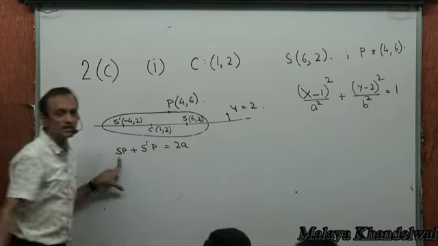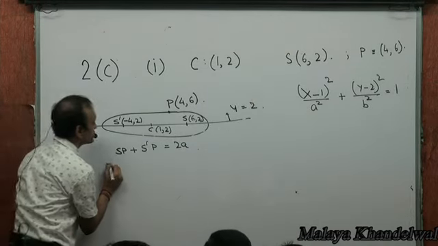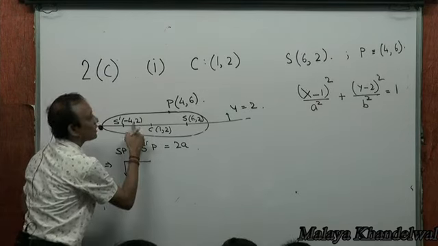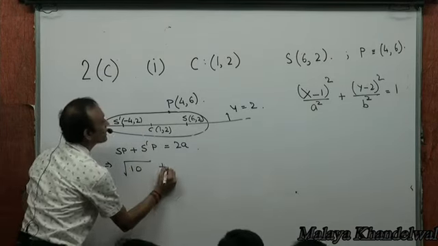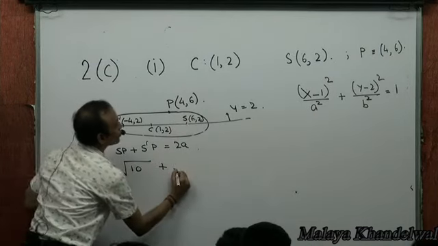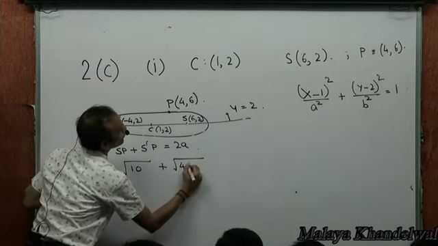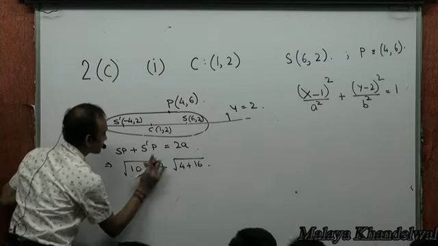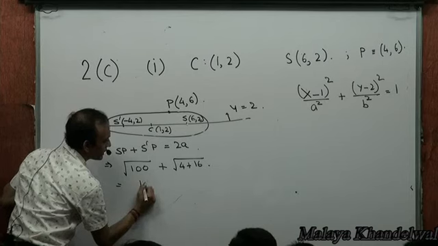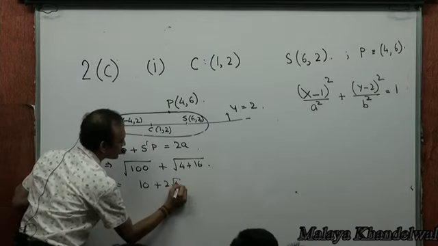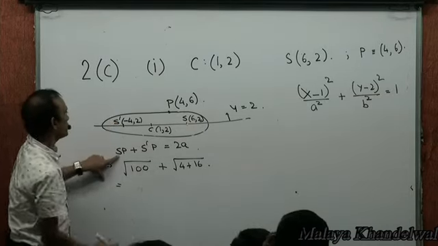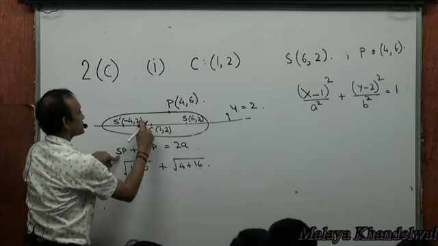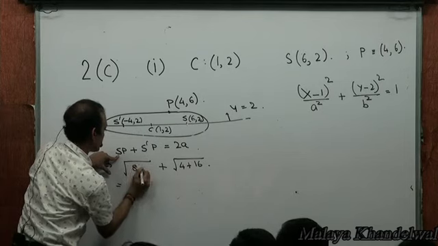I can find a from these considerations. So how much is this? This is SP, which is 100, so that is 10. S prime P, 4 plus 16, isn't it? 10 plus 2 root 5, is it? Or have I made a mistake? SP, which is 64 plus 16, 80, root 80, right?